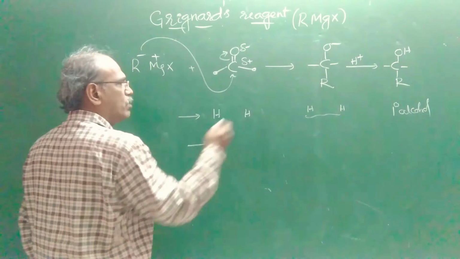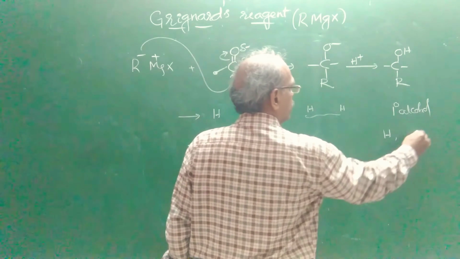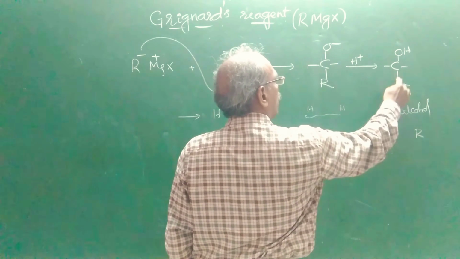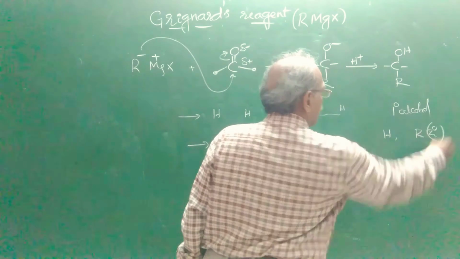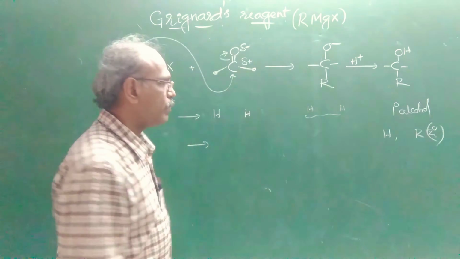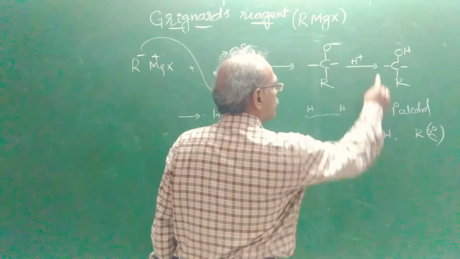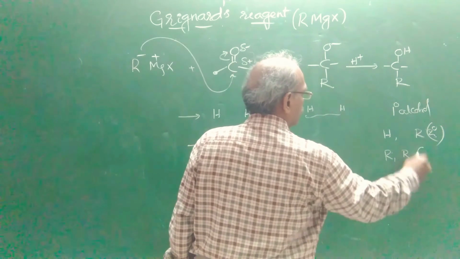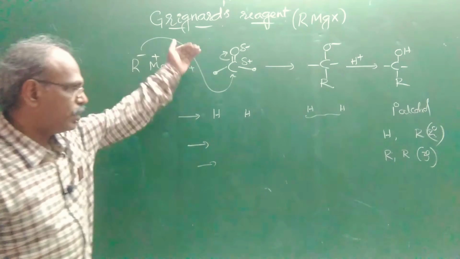If one valency is satisfied with hydrogen, another valency with an alkyl, the alkyl and H, R2CHOH, that is a 2 degree alcohol. If both valencies are satisfied by R and R, both alkyl, then we get a 3 degree alcohol. In that way we get different products.